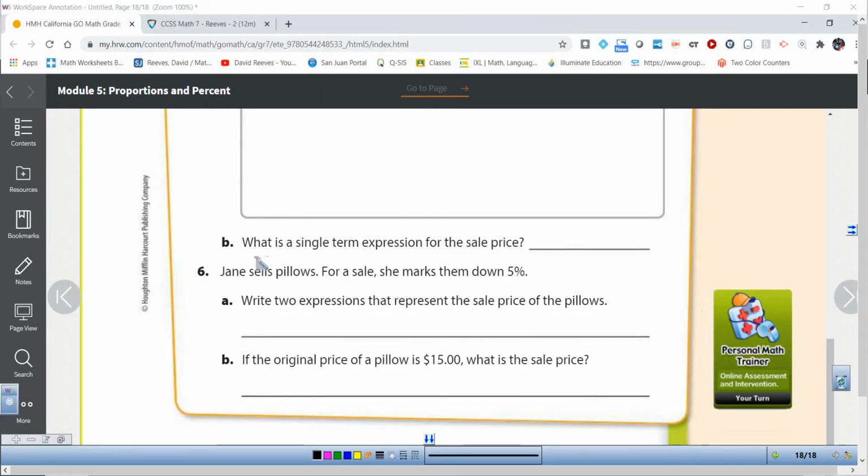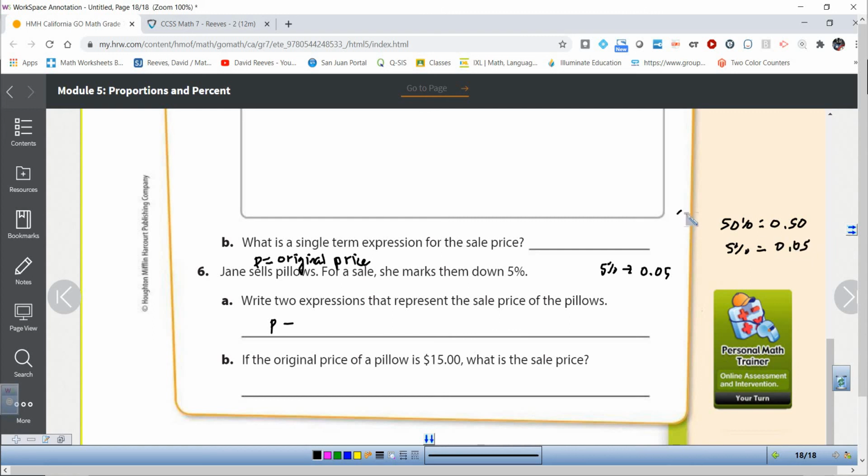All right, this time they didn't give us a letter, so I'm going to put P equals the original price, okay? So we're going to take the original price, which is P, and then we're going to subtract 5%. Now be careful, 5% as a decimal is 0.05, right? Remember, 50% would be 0.50, but 5% is 0.05.